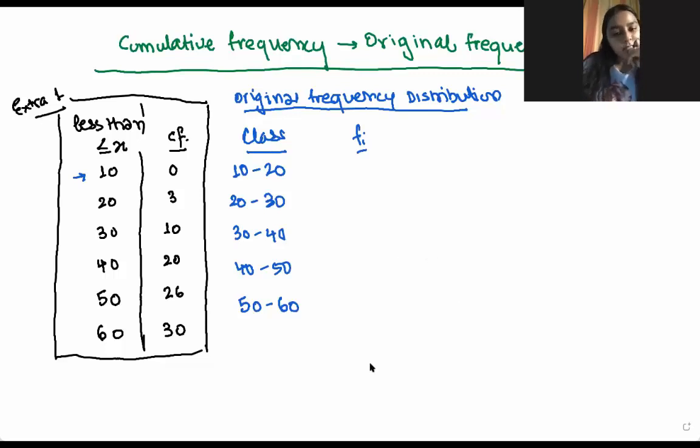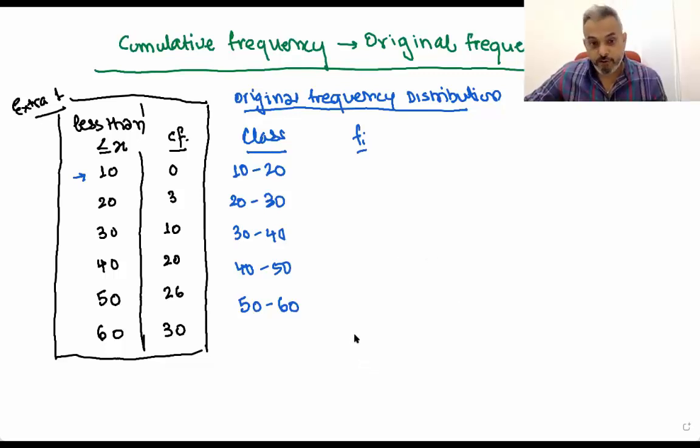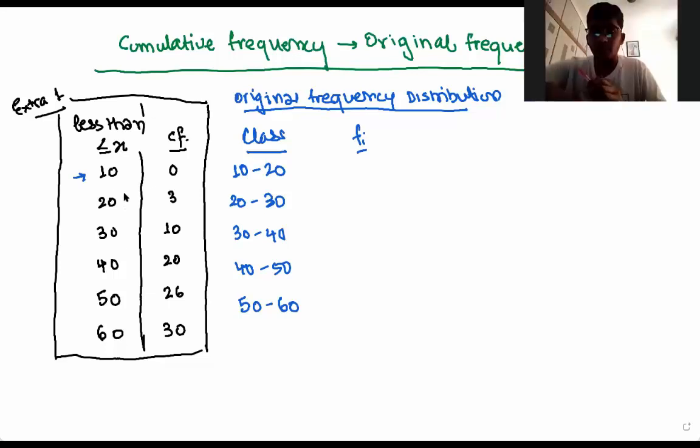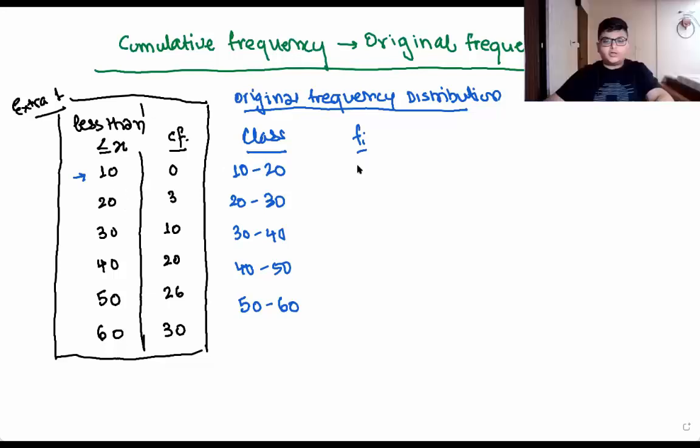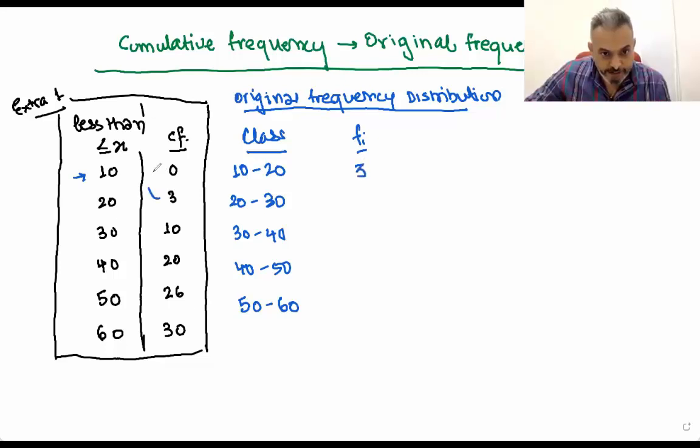Now, how to make the frequency? Pay attention. Less than 10, 0. Less than 20, 3. So 10 to 20 is 3. So 3 minus 0 is 3. I'll write over here 3 minus 0.